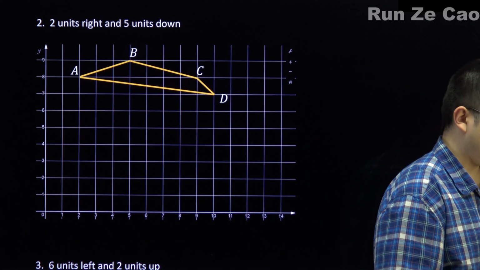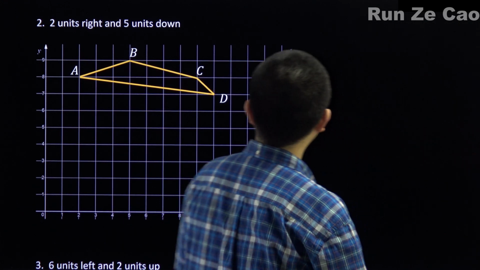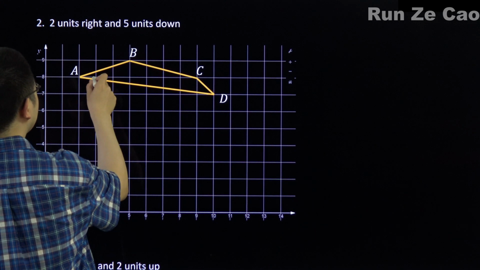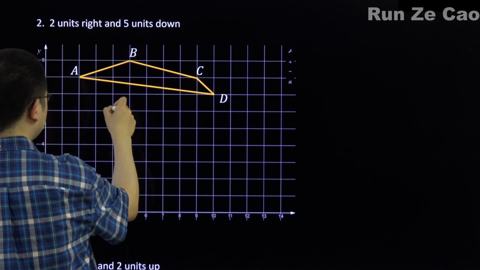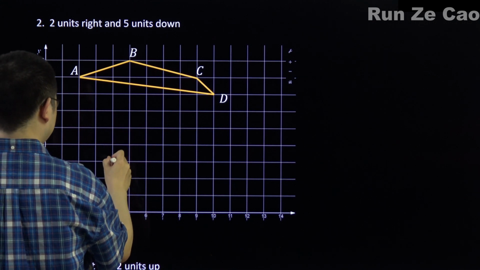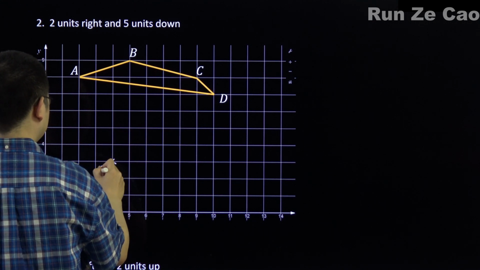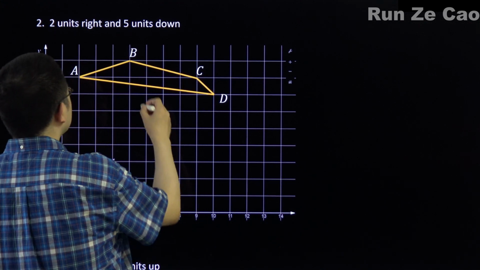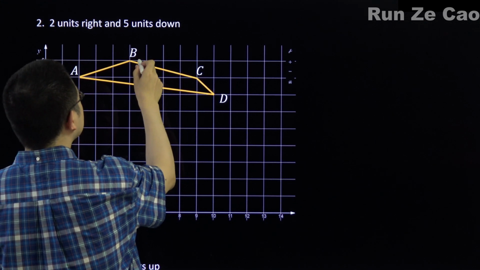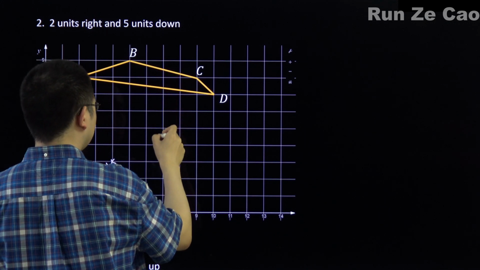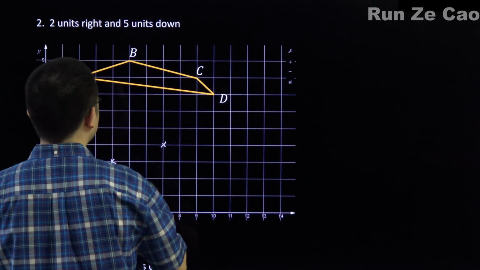2 units right and 5 units down. Well, 2 to the right and 5 down. 1, 2, 3, 4, 5. Put A prime over here. B is going to be 2 units to the right and 1, 2, 3, 4, 5 down.